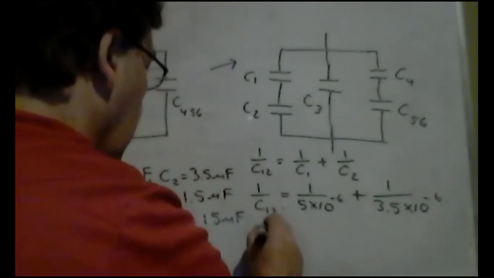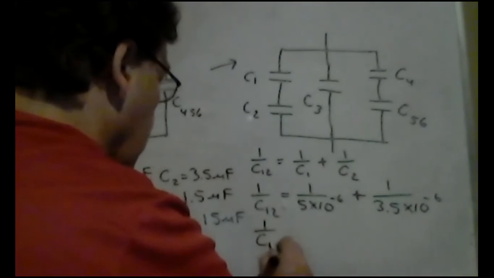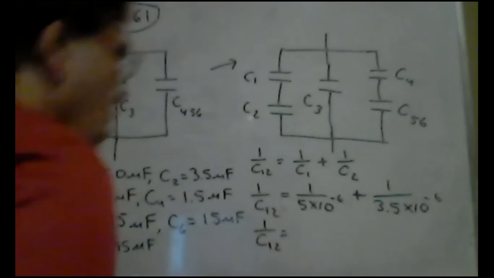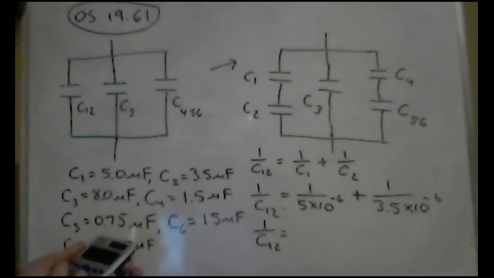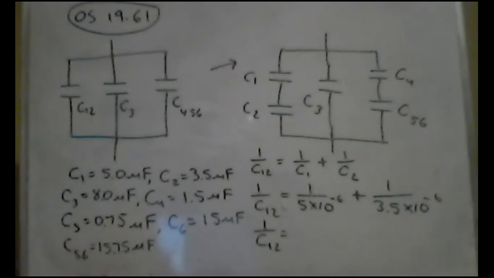If I take 1 over 5 times 10 to the negative 6 in my calculator, I get 200,000.